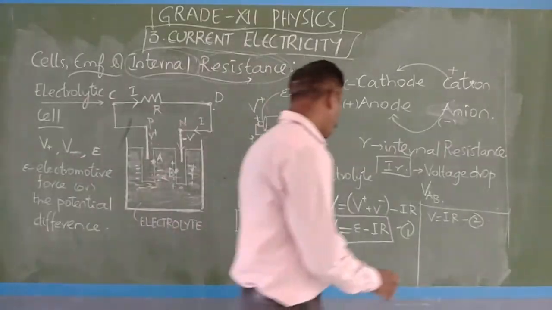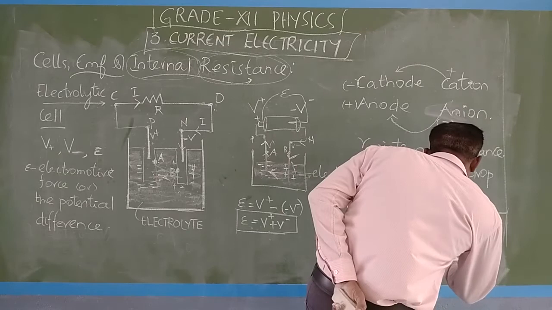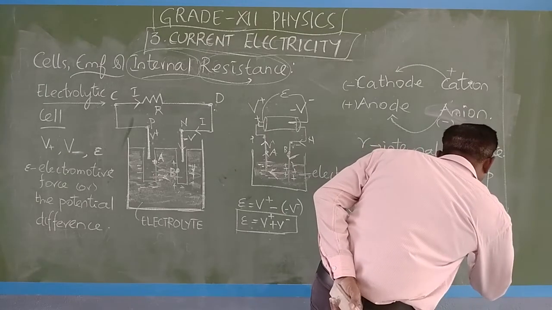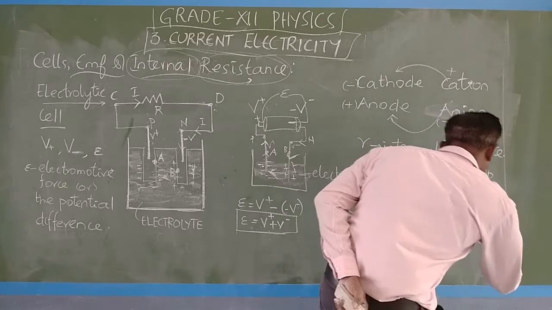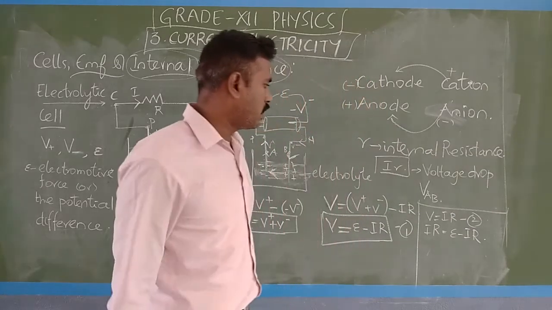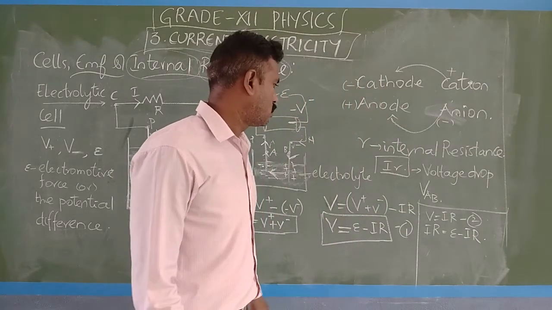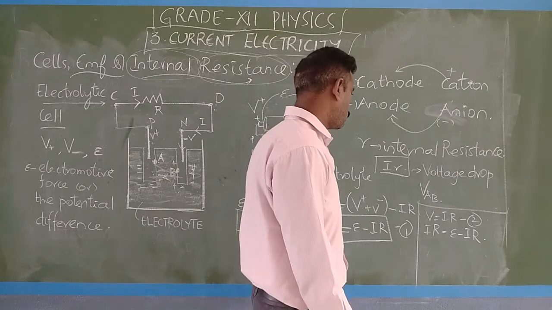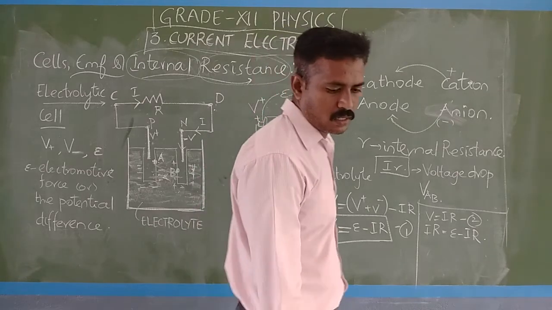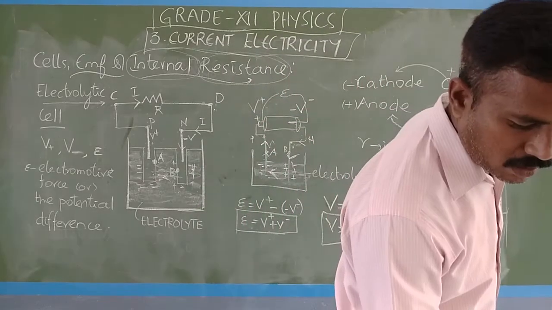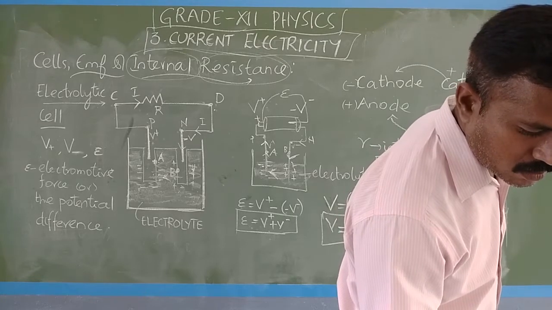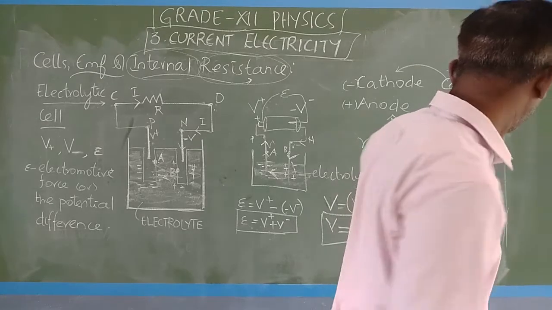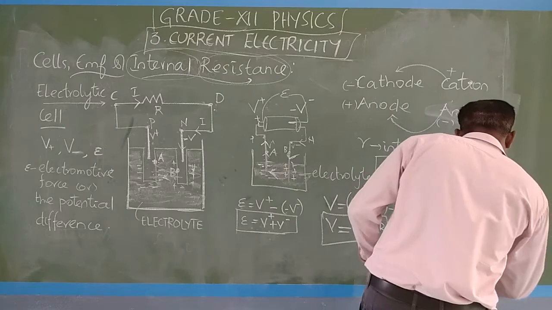So IR equals E minus Ir. What is the internal resistance? The internal resistance is denoted by small r.